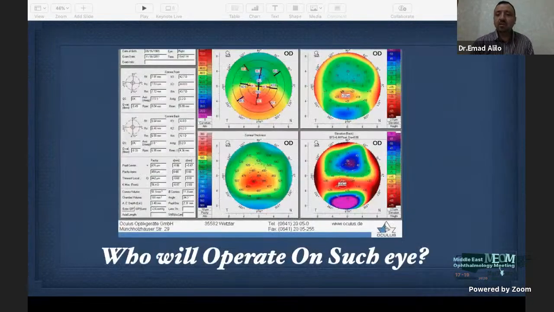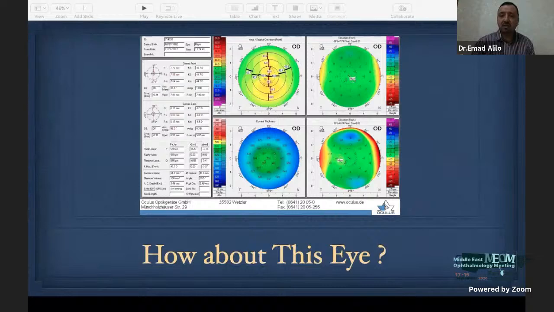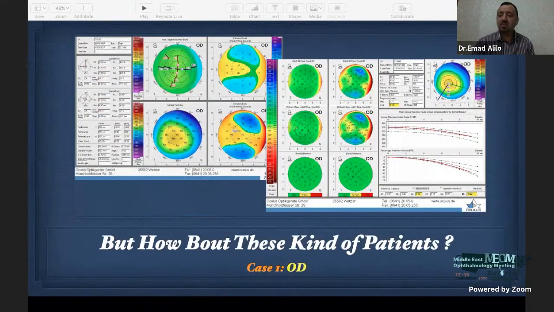who will operate on such an eye? This is quite a clear-cut case. You don't have to think about it. And on the other side, when you have such a good cornea, also you won't think too much. But how about these cases when you see a little bit of warning signs, some abnormality on the posterior curvature or on the anterior curvature, and this is one case.